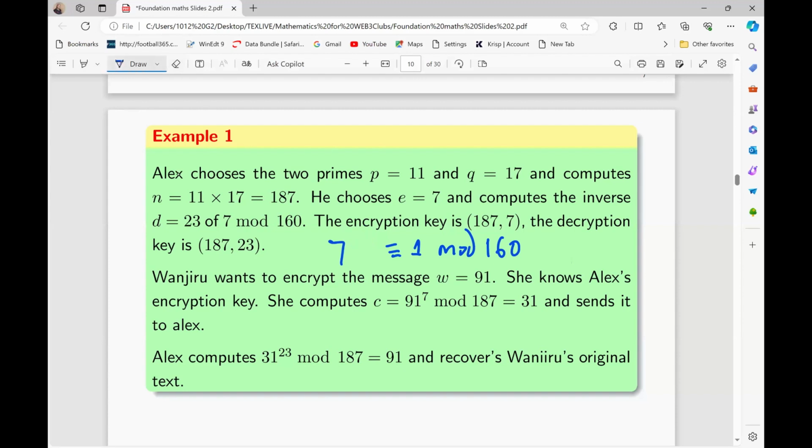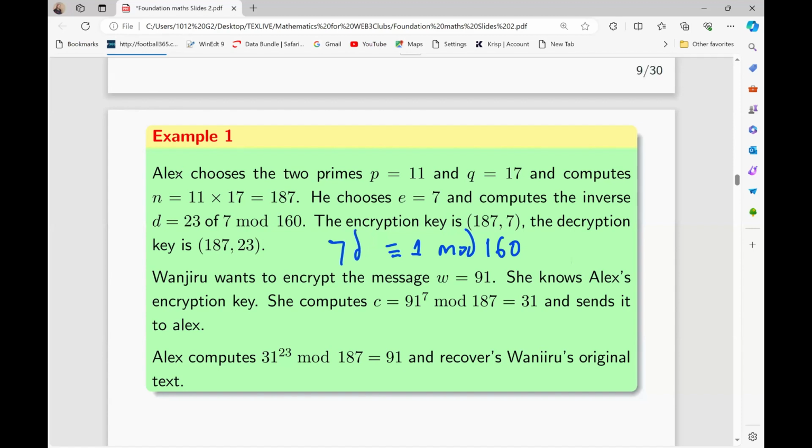So you're supposed to find a D, solving for D here. You can do this using the Euclidean algorithm, or you can do it using Euler's theorem.